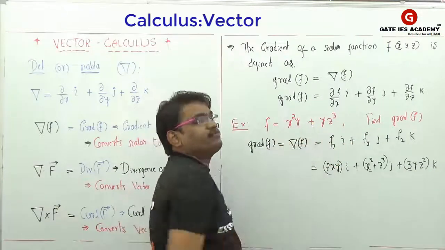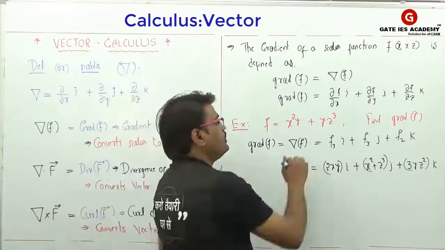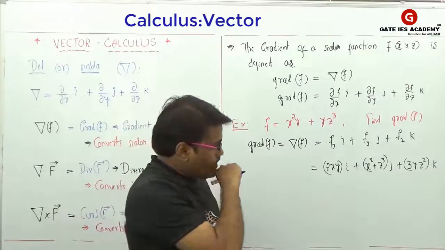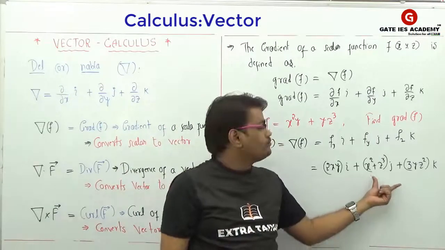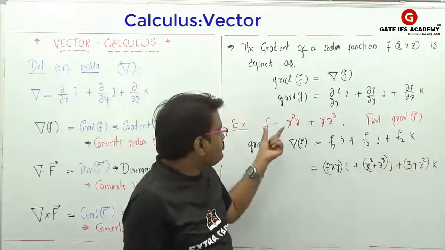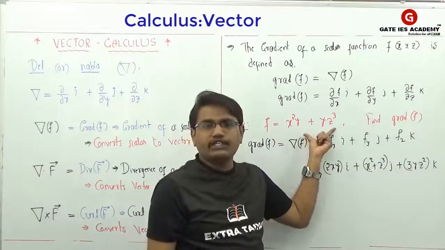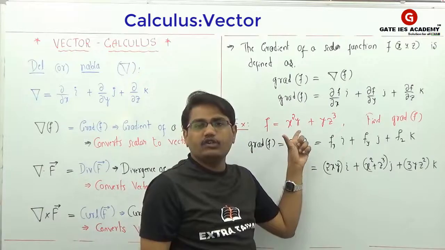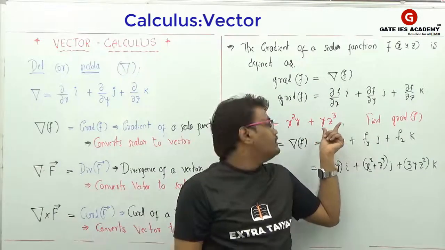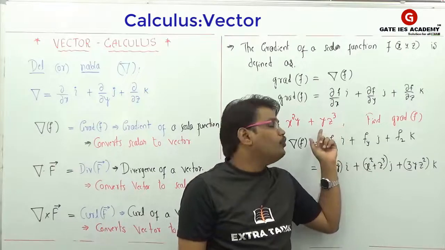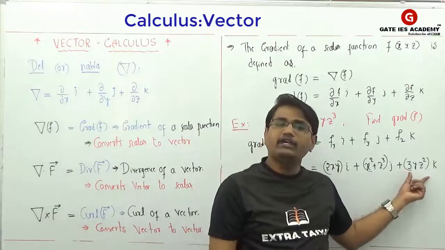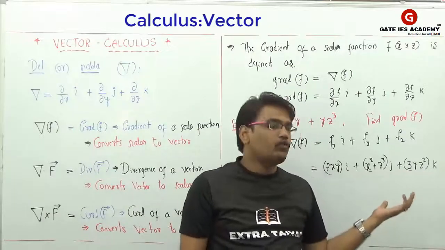So x squared y differentiates to x squared only, and y z cubed differentiates to z cubed only. So x squared plus z cubed j, plus f_z k. Differentiating with respect to z, the first term is entirely constant, so 0. Now y z cubed becomes 3 z squared into y only, because y is a constant here. So 3 y z squared k.